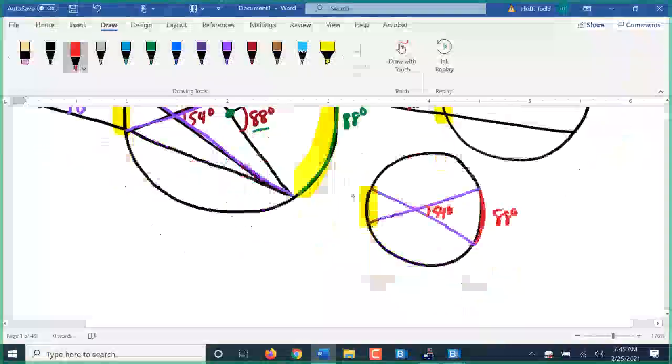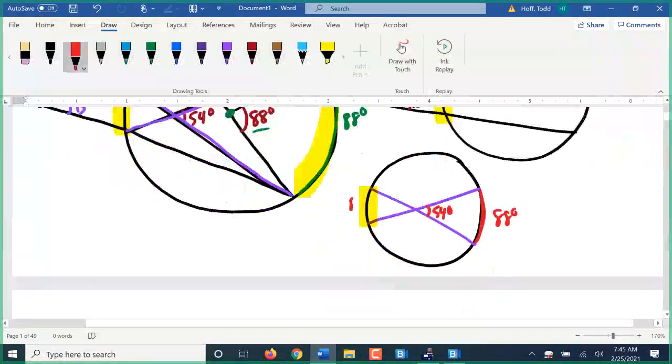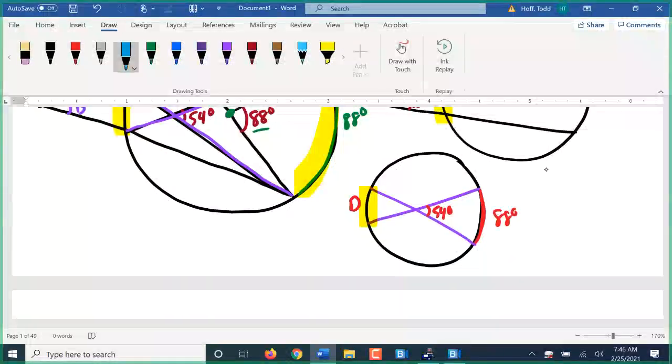So this other arc over here, if I just call this arc D, I know that this interior angle is those two arcs added together and divided by 2. So I know that D plus 88 divided by 2 gives me that 54-degree angle. So now I have to work backwards to find that missing arc. So I'm going to multiply by 2 on both sides.